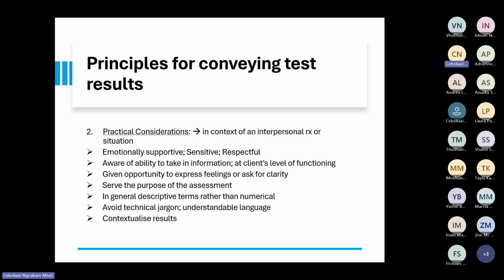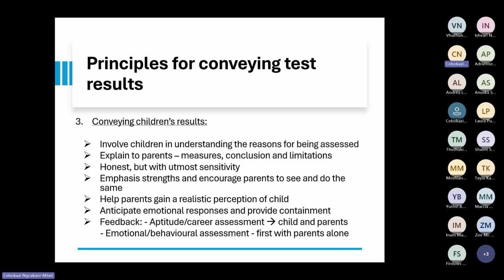So avoid technical jargon and use understandable language, and try to contextualize your results so that it's more understandable for your clients. And then conveying children's results, we always need to involve children in understanding the reasons for being assessed. So in your test, if you have a case study, please do include setting out time to convey the results to the child, or involving the child in understanding the reasons why they are being assessed.